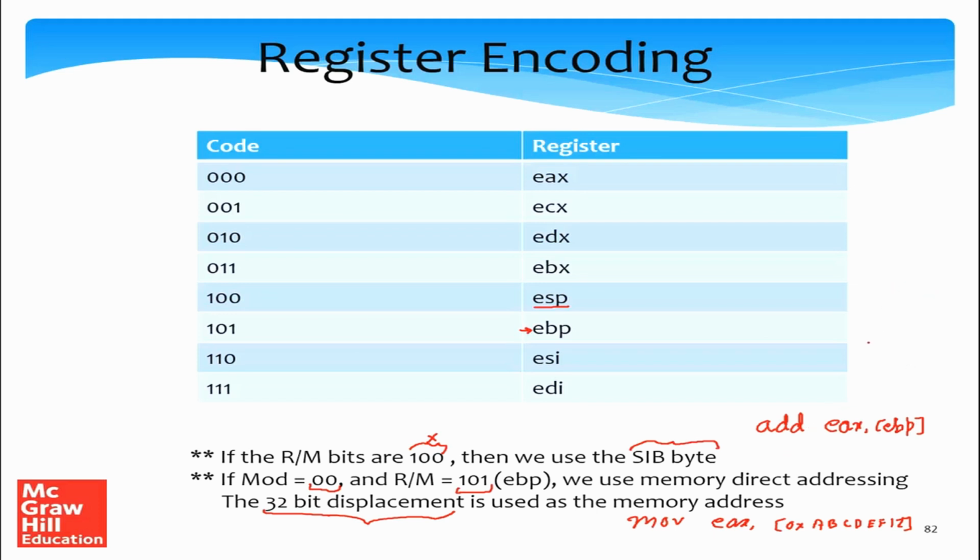In the scale index base, we will have EBP as the base and ESP as the index. Since ESP is an invalid index, the hardware will ignore it. As a result, only the base will remain. So this is something that can be done.